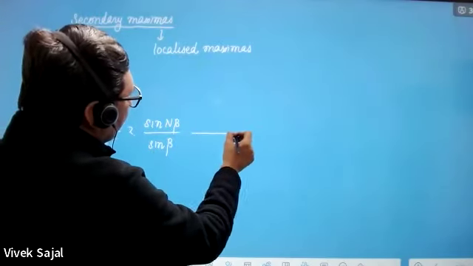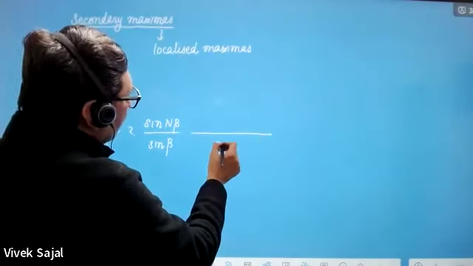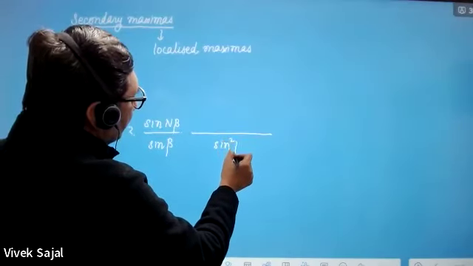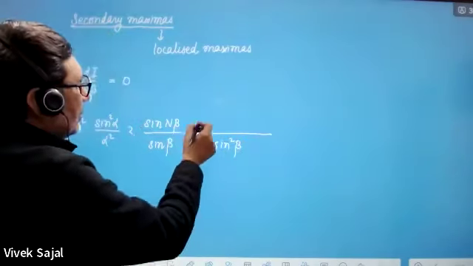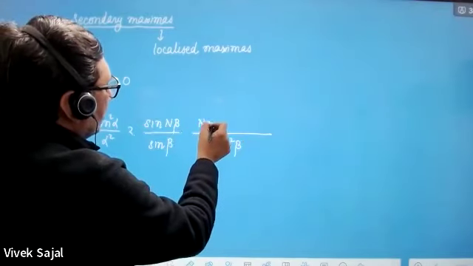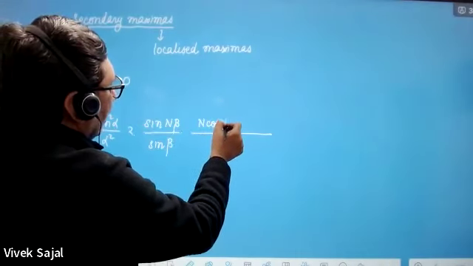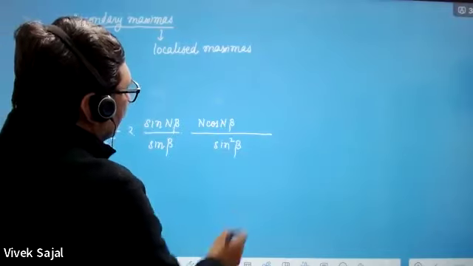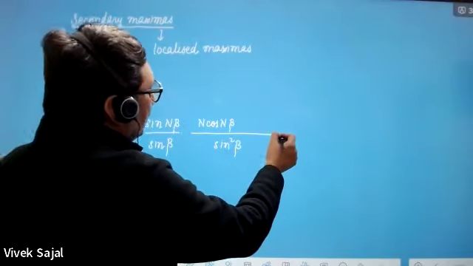If I differentiate this, the denominator will become sine squared beta. Differentiation of this will be n cos n beta, and this will be sine beta.